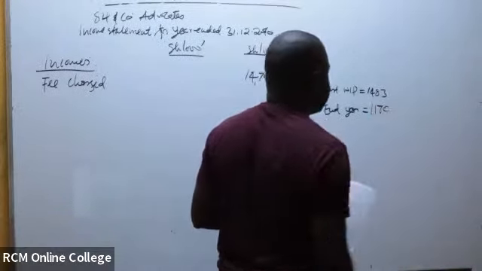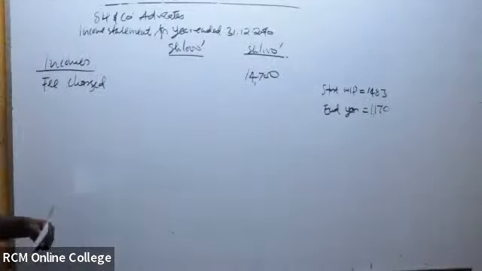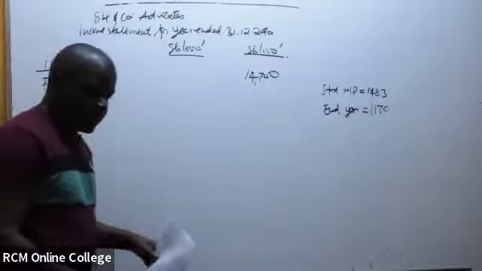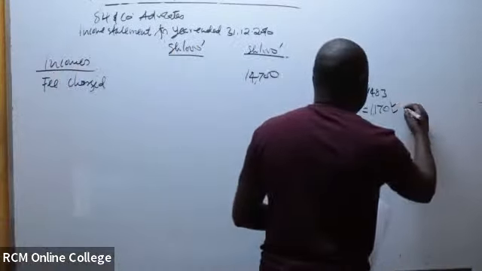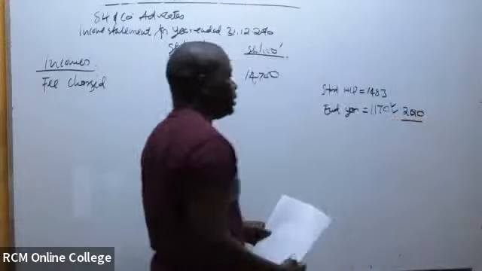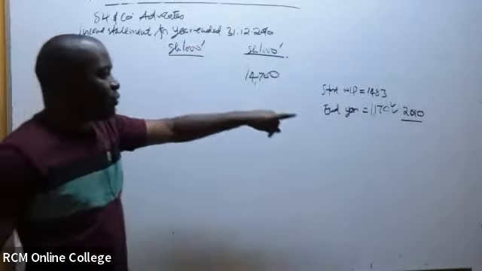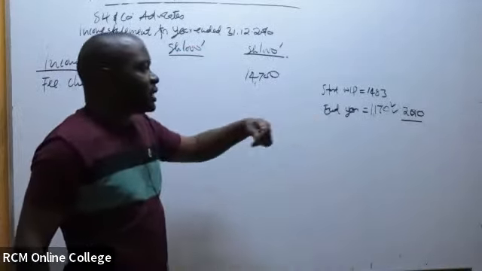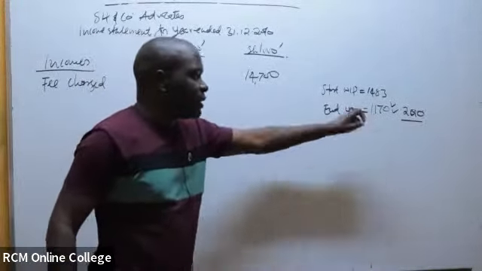So this 1170 was anticipated income in the year 2010. By the end of 2010, they were still providing some work for some clients, amounting to 1170.